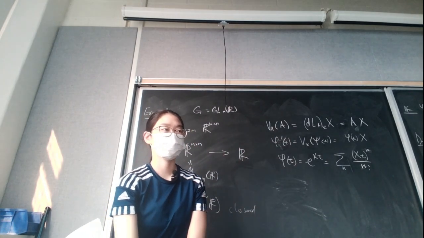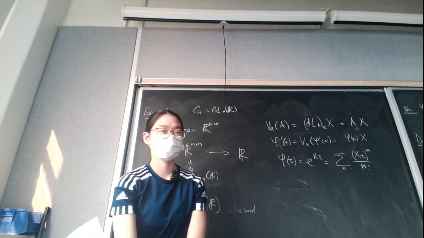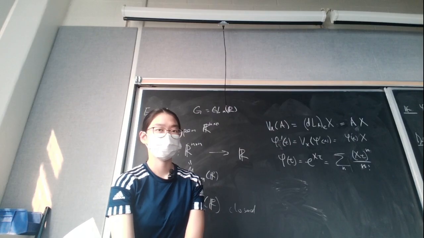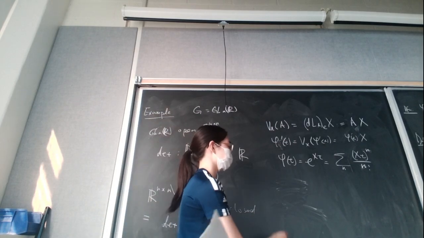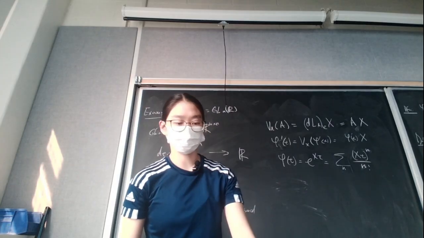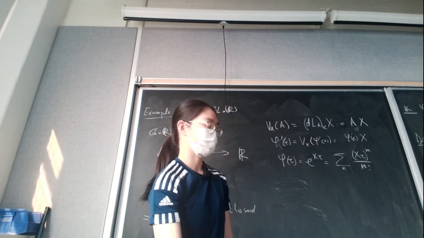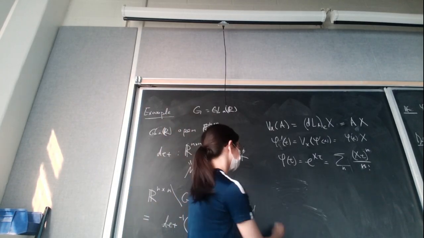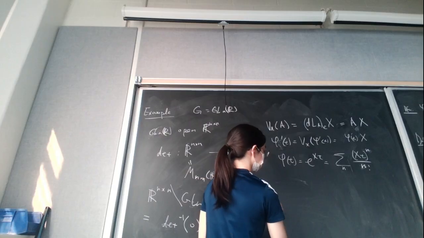What is convergence for objects in a vector space? It converges if the norm converges. So you can define a norm on a vector space.